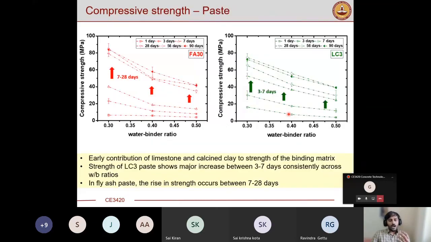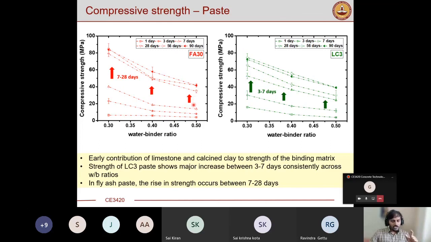Another aspect we need to understand is how much of this strength happens at which duration. For example, here I have given the strength of cement paste, right? When you make systems with different water binder ratios, do we have the same kind of strength development? So this is for fly ash. Fly ash reacts slowly. I've given strength development for different ages: 1 day, 3 days, 7, 28, up to 90.